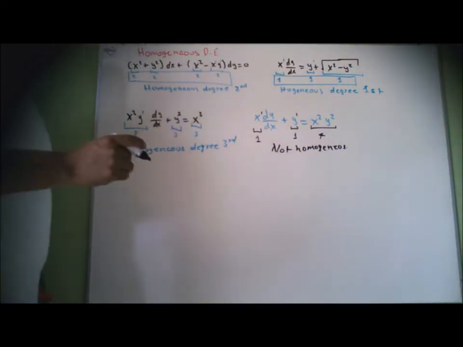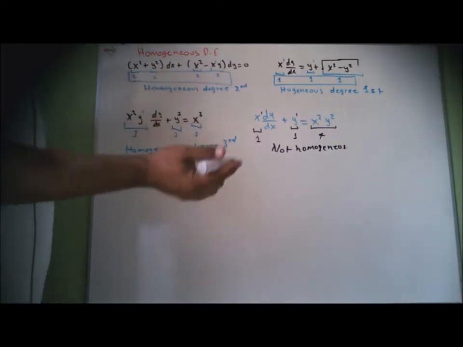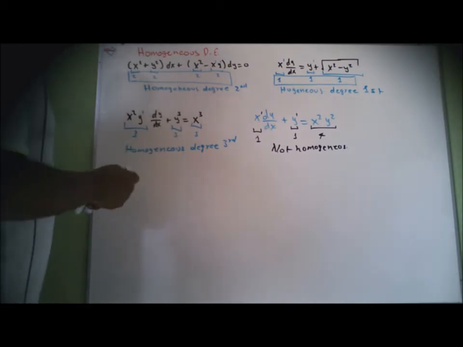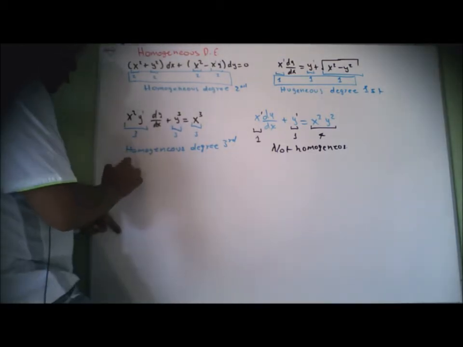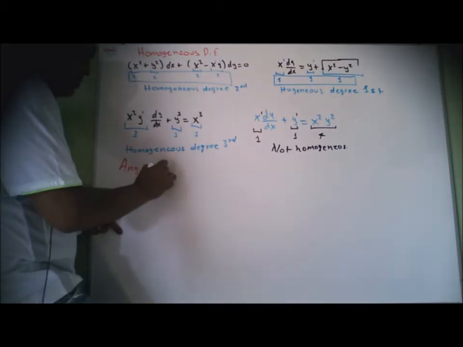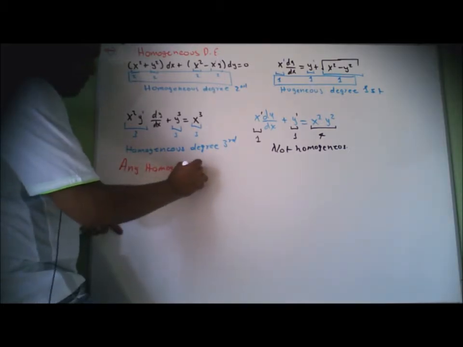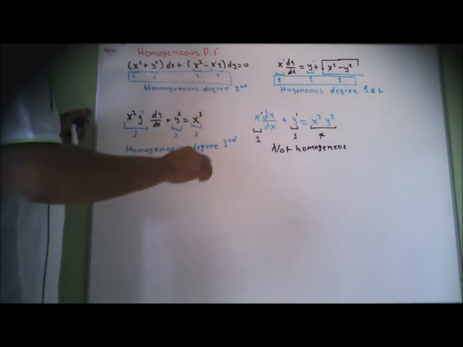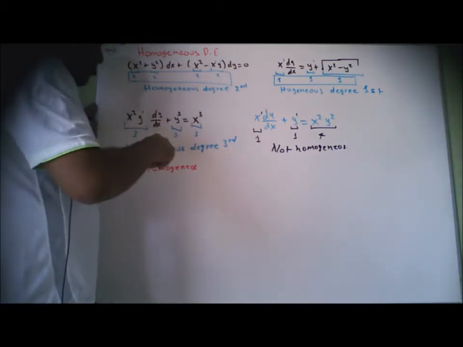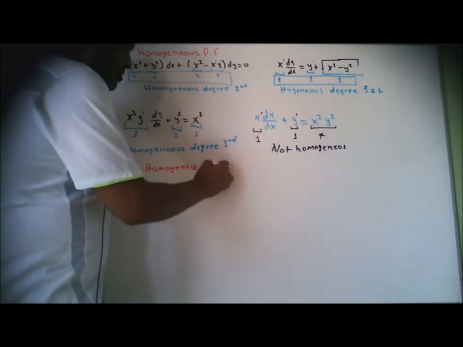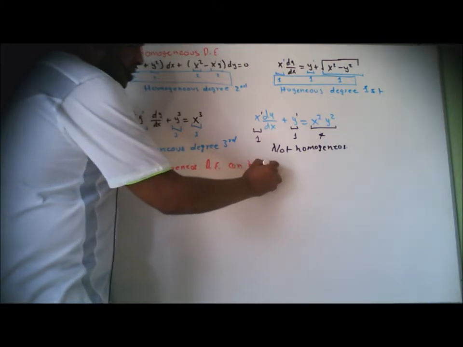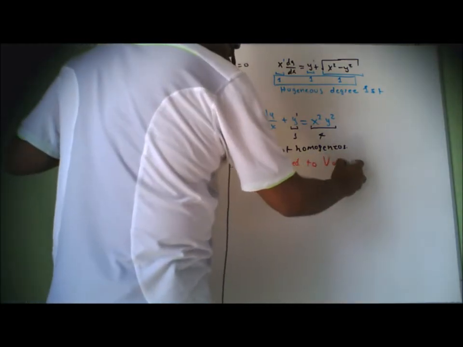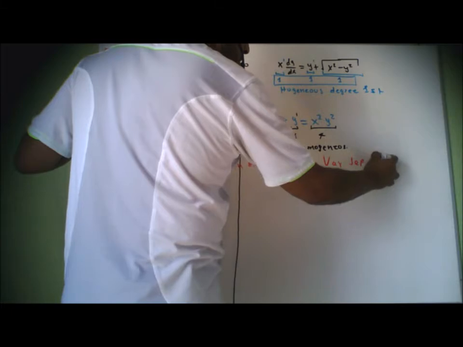So that is the property you have to pay attention to. What is the advantage of this property? Somebody discovered that any homogeneous differential equation, whether first degree, second degree, third degree, any degree, as long as they have the same power, can be converted to variable separable differential equations.